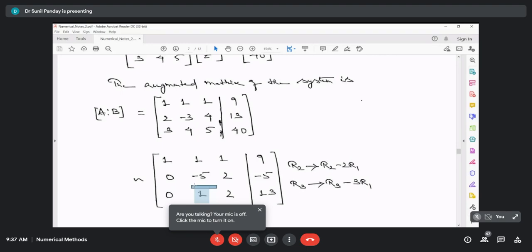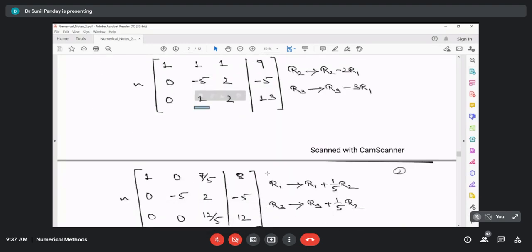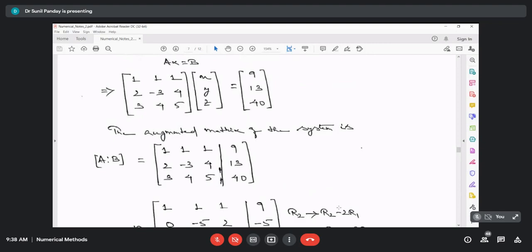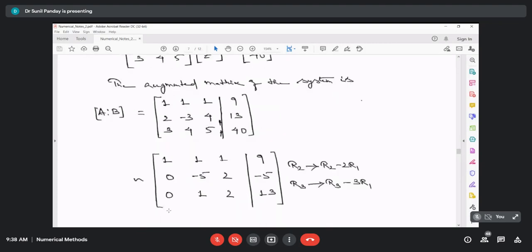To produce 0 here, again I have to use row operations. Even though this course is taught in your BTech first semester, like how to make 0 below these entries, the corresponding faculty told you that if this is the R1 row and we are making 0 below the A11 entry, we use the R1 row.